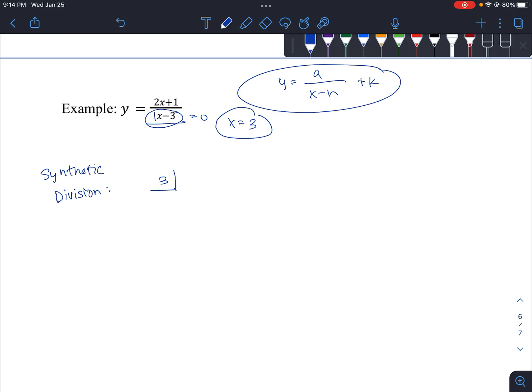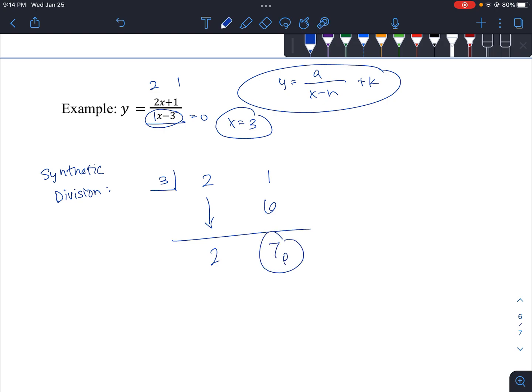The coefficients on the numerator are 2 and 1, so we put those up there. We drop the 2, and we multiply it by the number in the box. So 2 times 3 is 6, we put that here, and then 1 plus 6 is equal to 7.